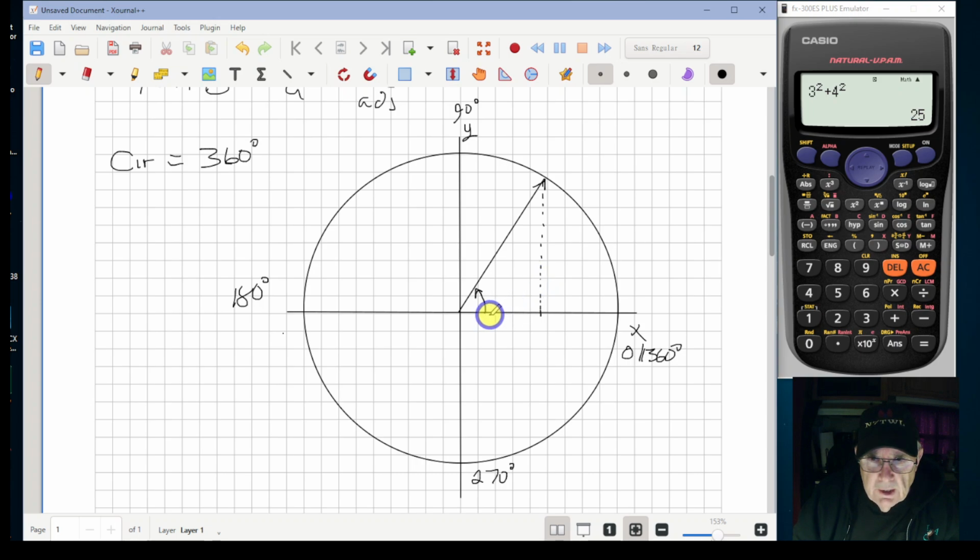This is the side adjacent. This is the side opposite. Okay? And the opposite over the hypotenuse is the sine. Remember, the sine is the opposite over the hypotenuse.